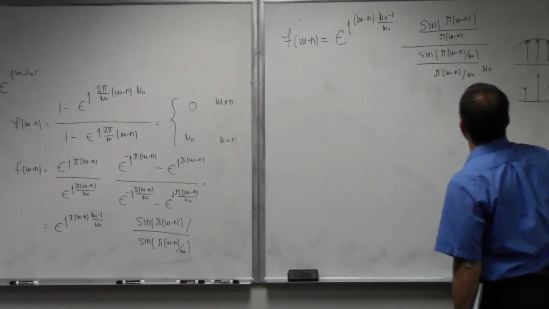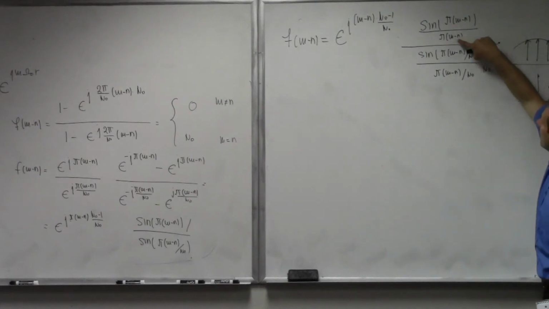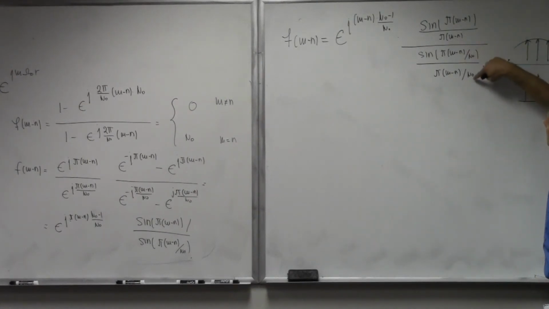See what I did? I divided everything by pi m minus n, and then here I divide by n0 and multiply by n0.